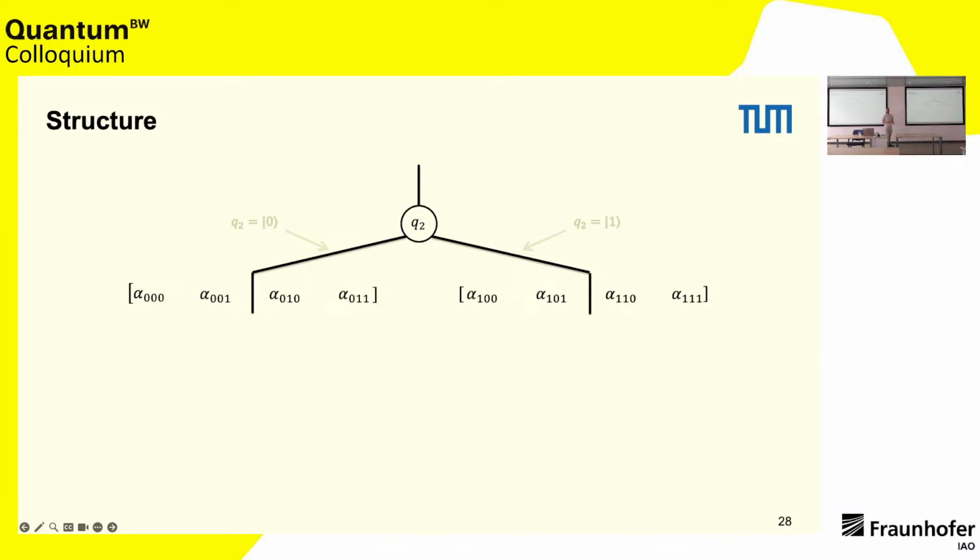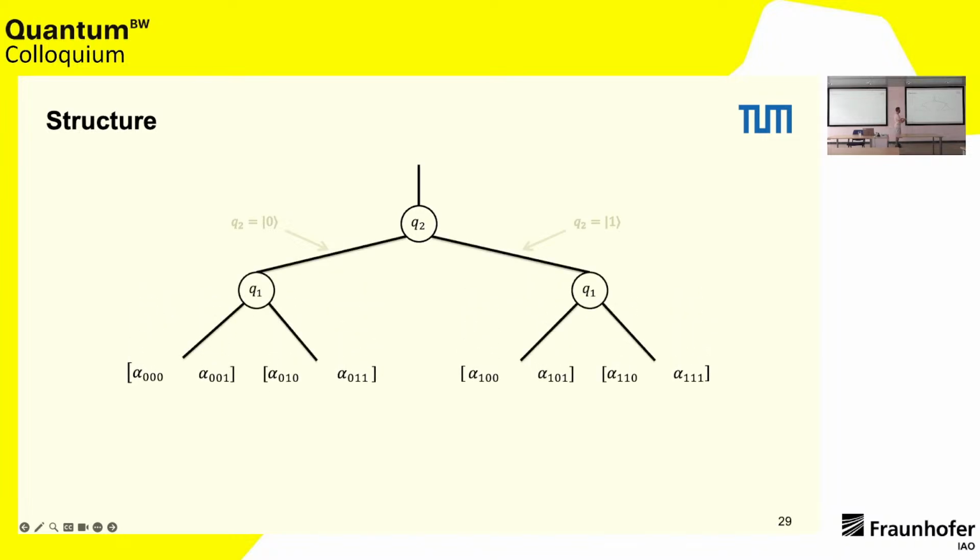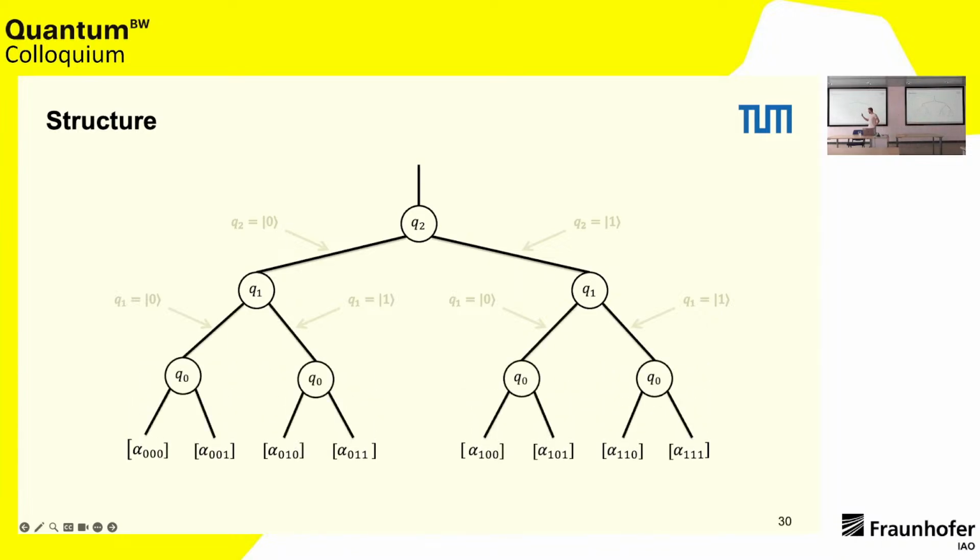You can repeat that process recursively and break that down. Again, 2 nodes, in total 4 successors. Now, this qubit is always 0 here, always 1 here, always 0 here, always 1 here. You do this again and break it down until you have individual root nodes that just contain complex numbers. By now, you've not really gained anything, you've just given the problem a little more structure.